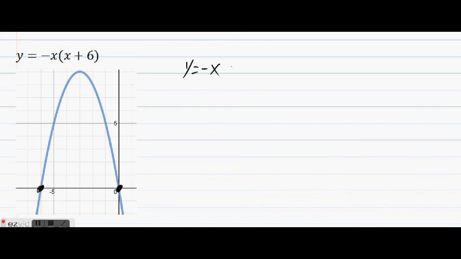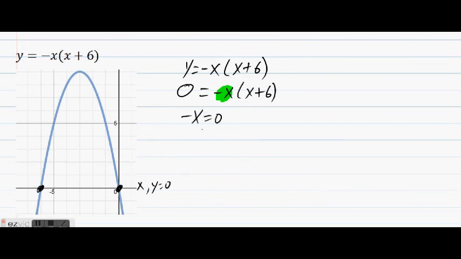Y is equal to negative x times x plus 6. Again, on the x-axis, y equals 0. Alright, so let's force this bad boy to equal 0. Negative x times x plus 6. And again, no change. Set each factored piece equal to 0.